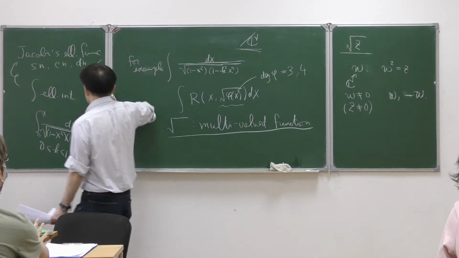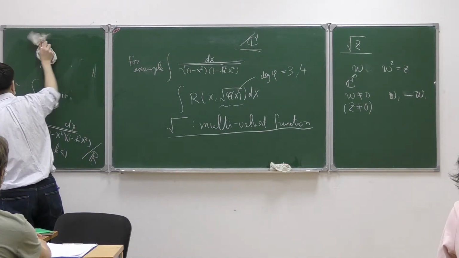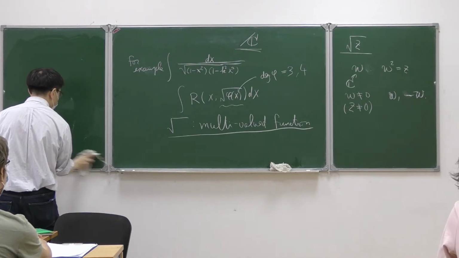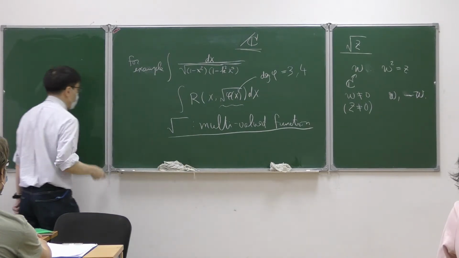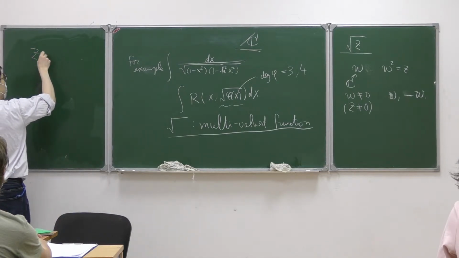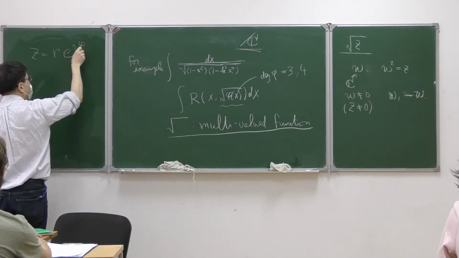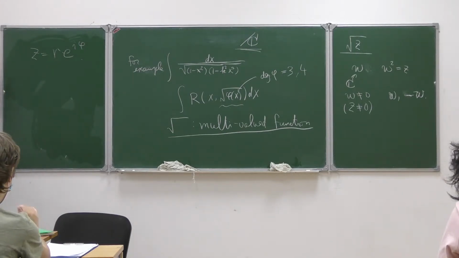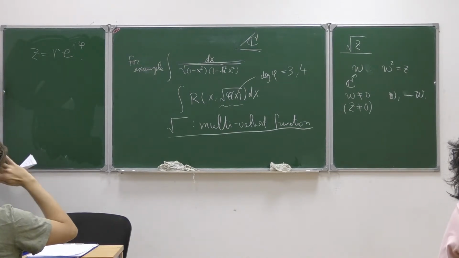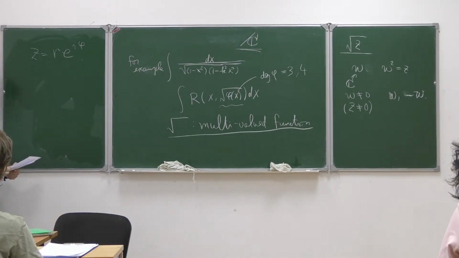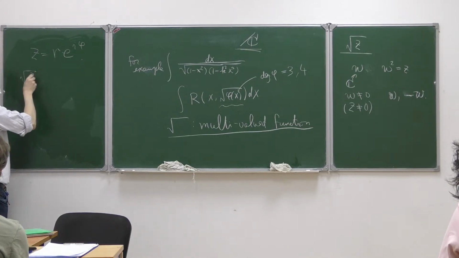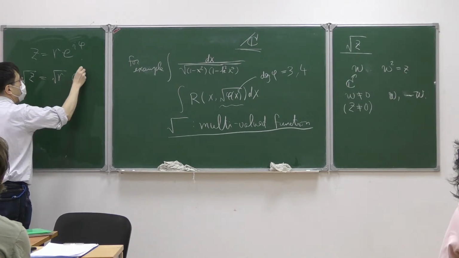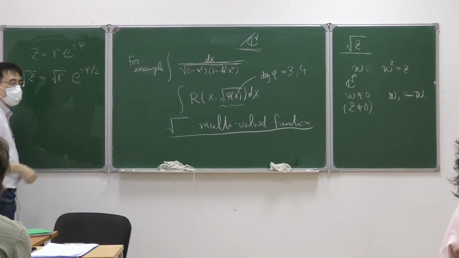Okay, one of the ways to avoid such ambiguity is restricting the argument. I mean, if we use the polar expression for the complex number z, the square root is just like this.